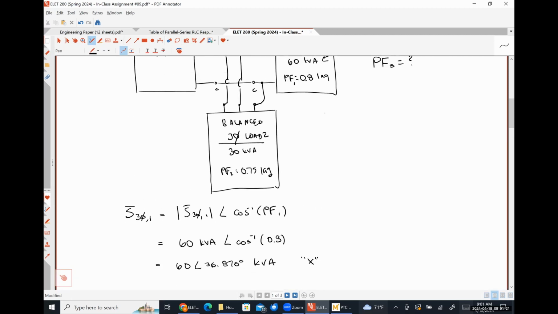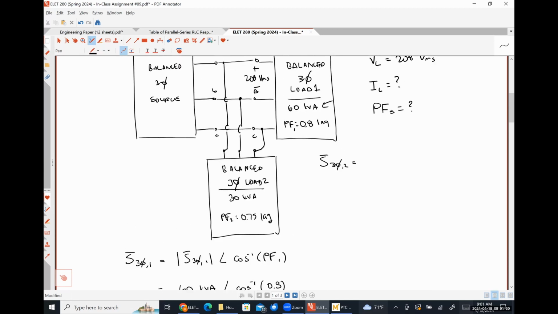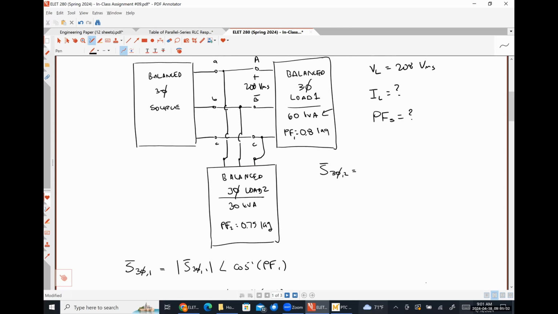Running out of room here. So let's do load 2 up here. So how are we going to find the complex power absorbed by load 2? The exact same way, because we were provided the exact same information, right?